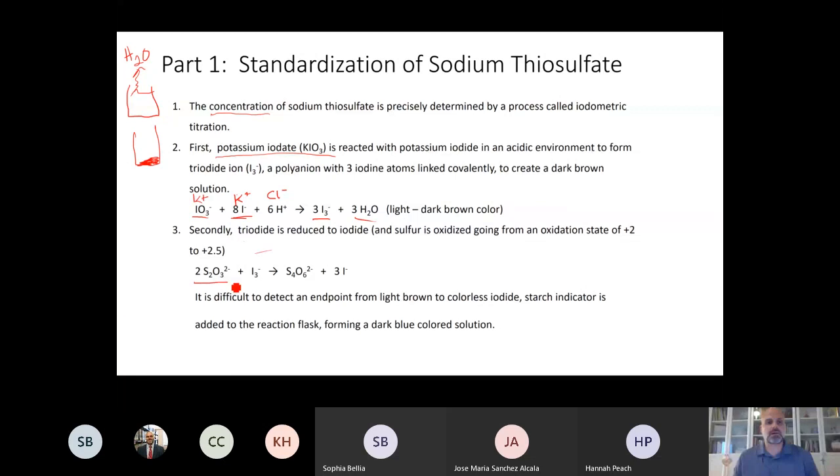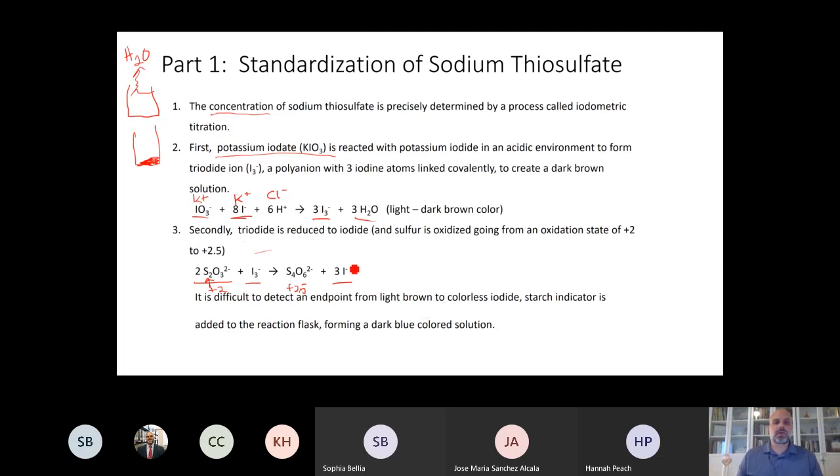You can see this reaction converts the sulfur in the reaction mixture from its +2 oxidation state to a +2.5 oxidation state. So there's an oxidation reaction going on for the sulfur, and then the triiodide is reduced back to the iodide ions.